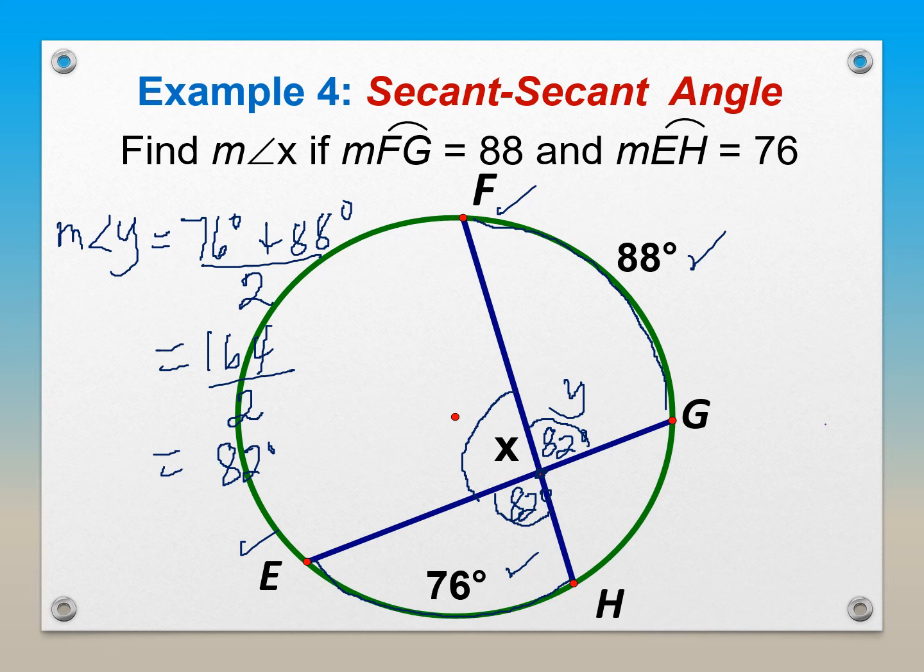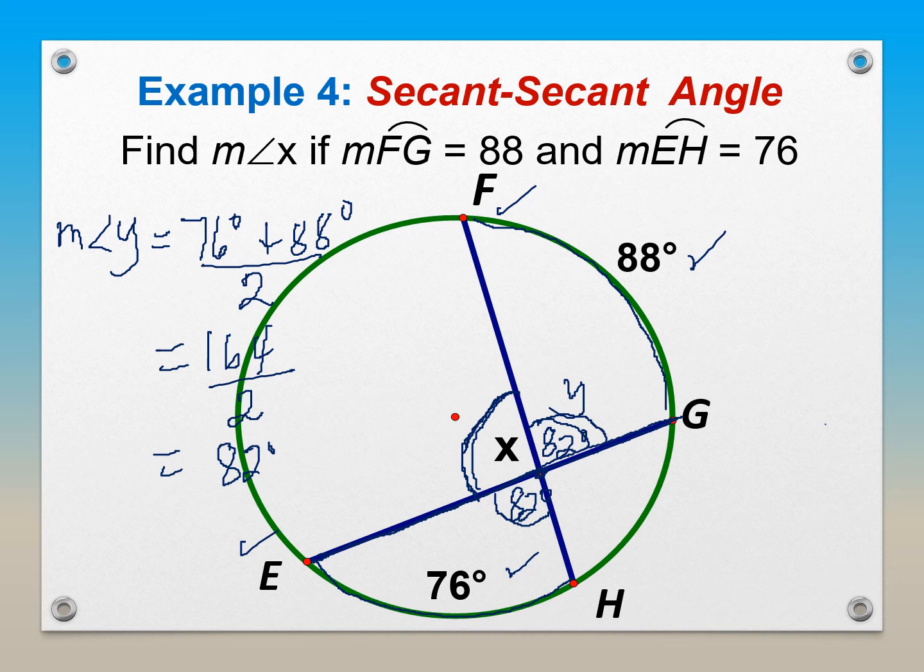This one is also 82 degrees. Now, let us solve for the measure of angle X. For us to get the measure of angle X, simply remember supplementary angles. Why supplementary angles? Looking at the figure, angle X shares the same line, EG, which tells us that angle X and angle Y are supplementary angles. If two angles are supplementary, then the sum is 180 degrees.